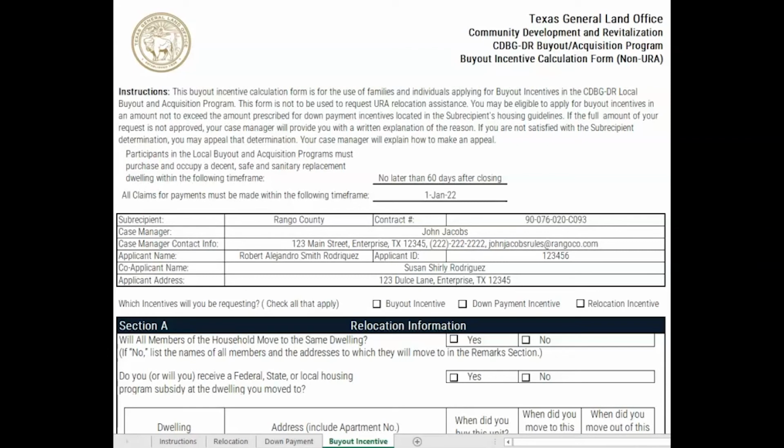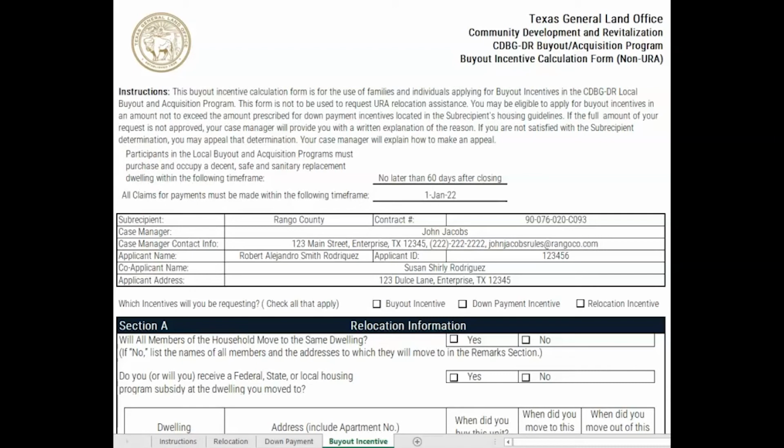Then, in the table below, the subrecipient should input the subrecipient name, the GLO contract number according to the GLO contract, the subrecipient case manager working with the applicant, the contact information of the case manager, the applicant's name, the applicant ID, which is the Tiger project ID.